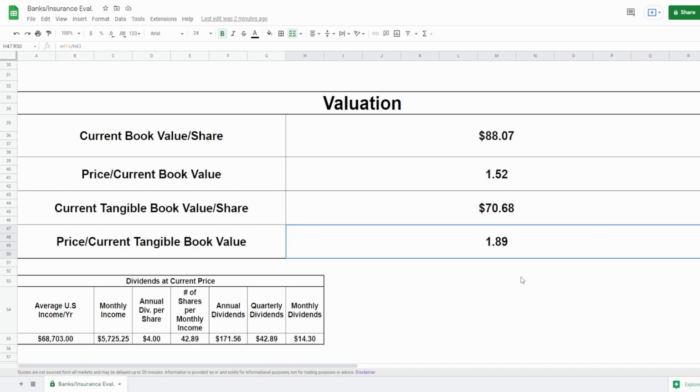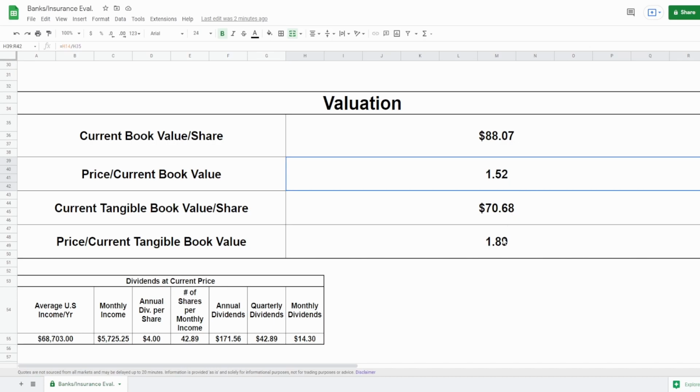Essentially, as I said in that JP Morgan video, guys, you want these two factors right here to be as close to 1 as feasibly possible, or even under 1, because essentially 1 times, the stock is trading at value. Anything above 1 is trading over value, and anything under 1 is trading under value.